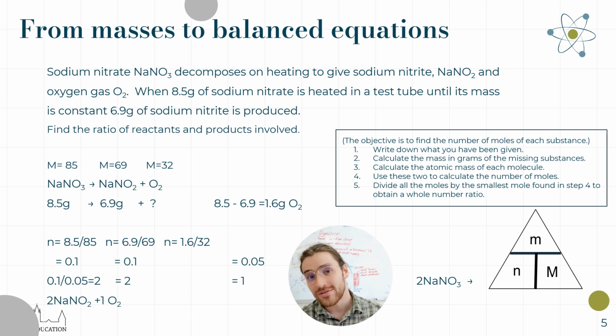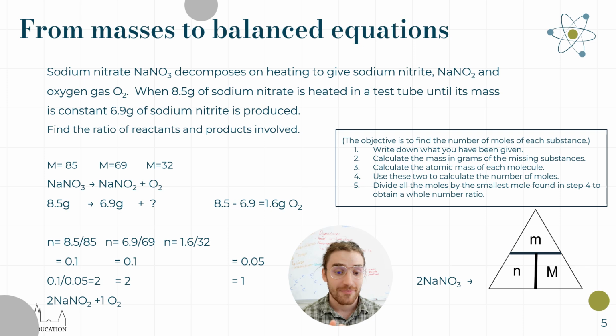Now, the number of moles, M-O-L-S, and the number of molecules are different things. The coefficient number is not the number of moles. The molar number is going to be calculated using the mass numbers.